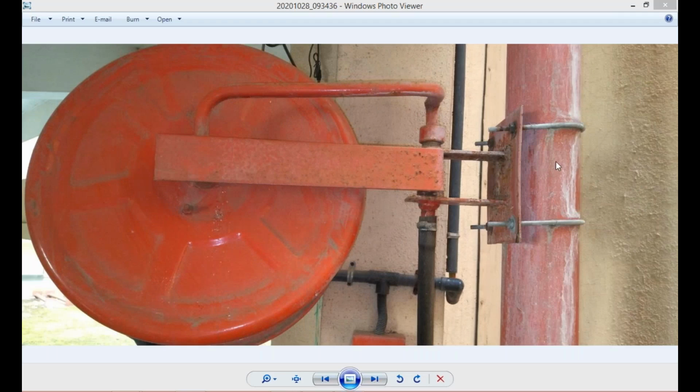Yes. Dear students, this is a very good example for this case too, where the load is perpendicular to the axis of the bolts. This is a fire extinguisher setup present in our institute. Here is a drum, and this drum is useful for winding the hose pipe used for the fire extinguisher.